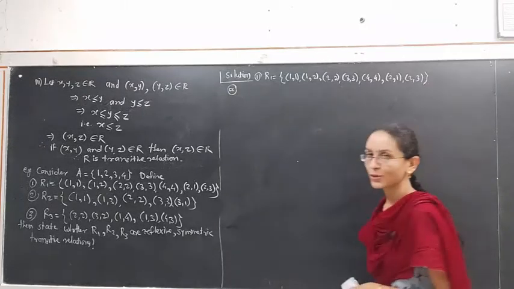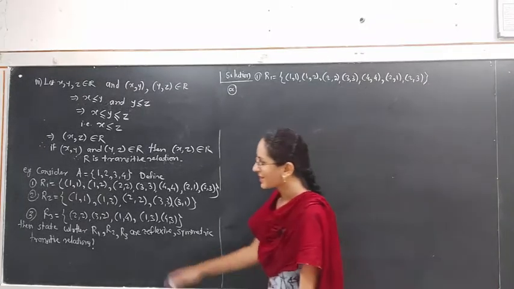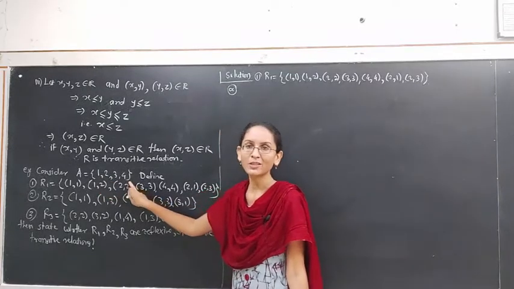We check whether it is reflexive or not. See the elements of the set A. A is the set of 4 elements.